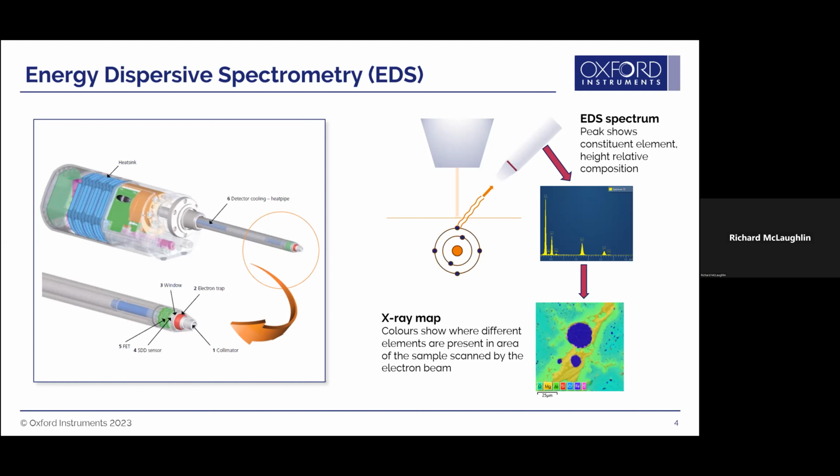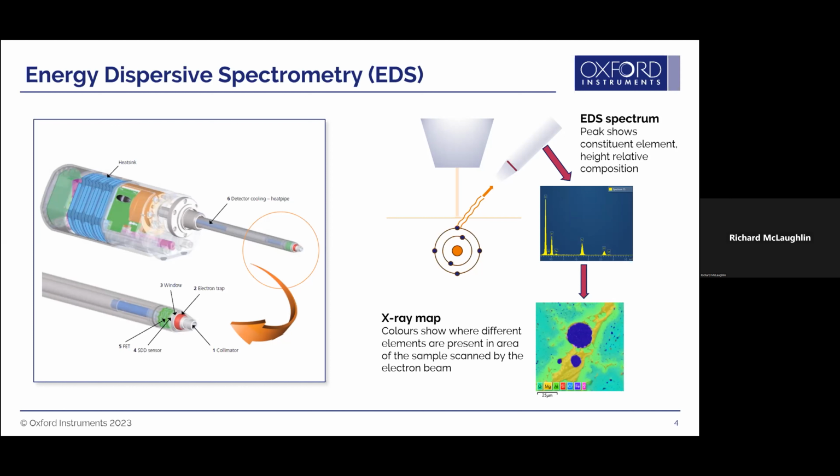The collimator is there to make sure that the X-rays entering the sensor are from the spot you're analyzing. And the sensor itself is behind a window, and that window is used to separate the environment of the chamber from the vacuum behind that window. In that vacuum, you have the sensor, which is used to convert X-ray events or X-ray energies into electron-hole pairs.